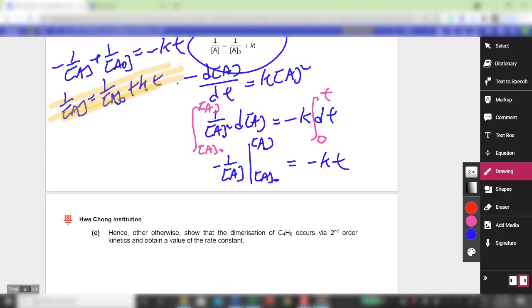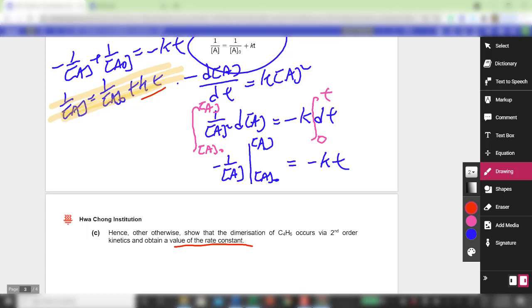First of all, we will try to plot a straight line because at the end of the day I need to obtain a value for the rate constant. We saw that there's a kt here, so if we plot something against t and find a gradient, if it's a straight line then the gradient will just give us k.